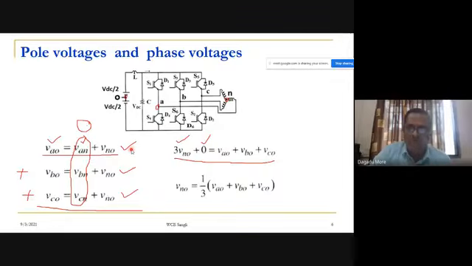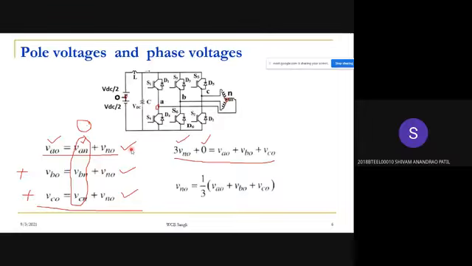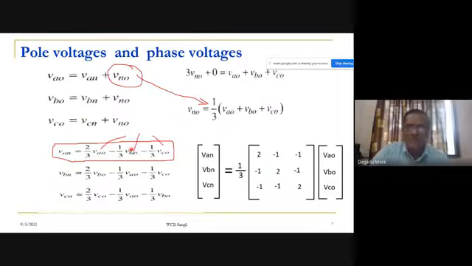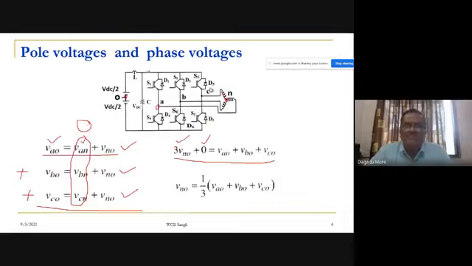So VBO is plus VDC by 2 when S3 is on, and minus VDC by 2 when S6 is on. Similarly, VCO is plus VDC by 2 when S5 is on, and minus VDC by 2 when S2 is on.